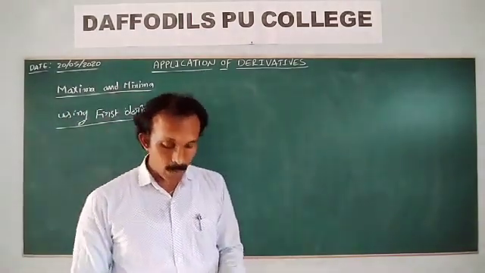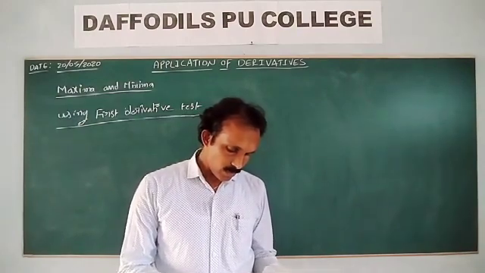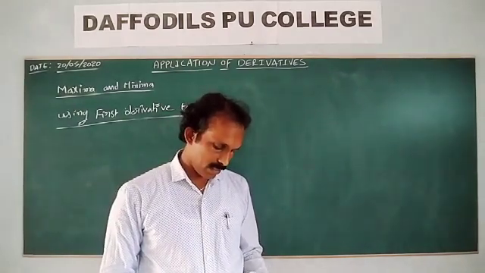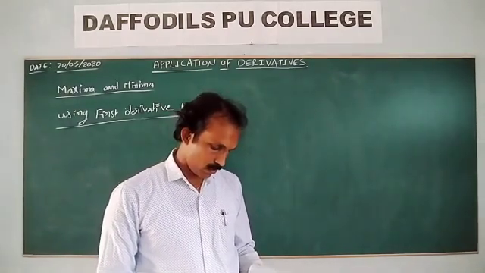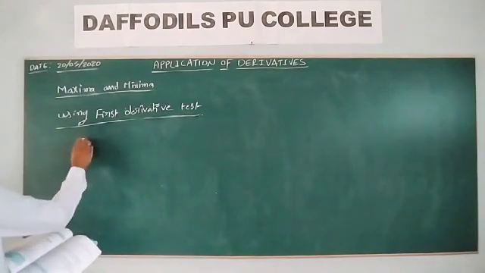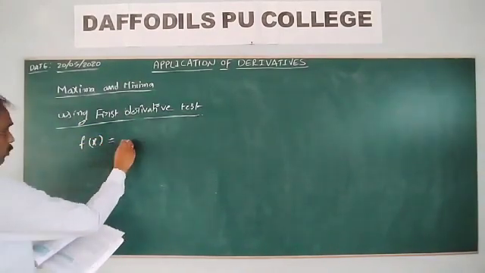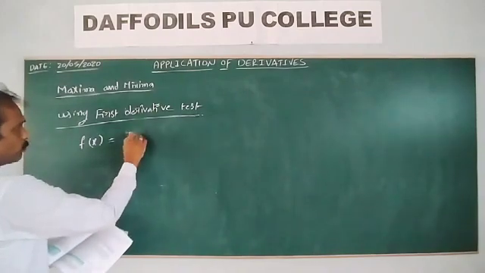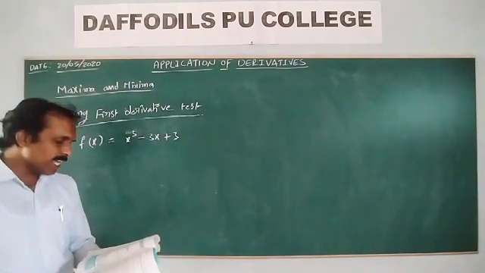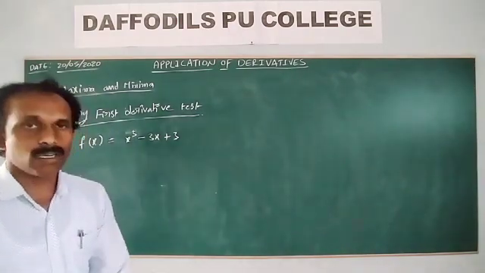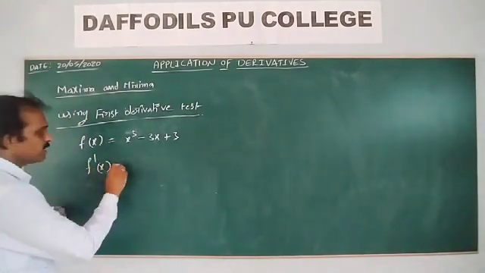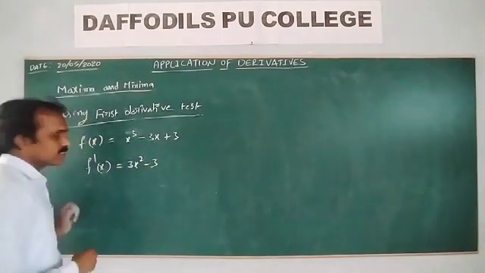Take one example of this first derivative test. Suppose f of x is equal to x cube minus 3x plus 3. First derivative test: f dash x is equal to 3x square minus 3.